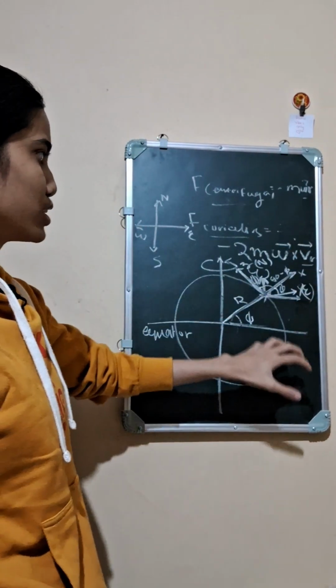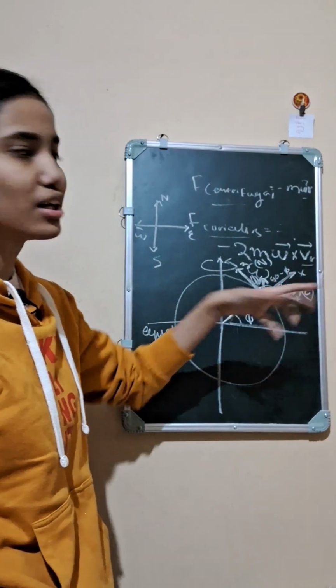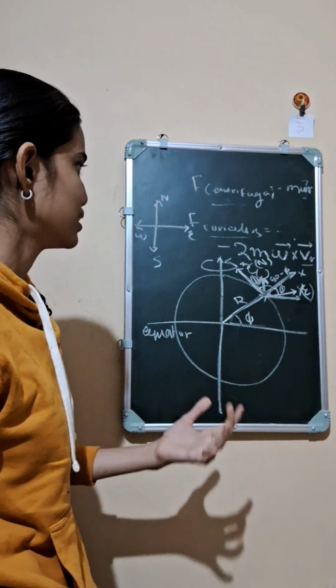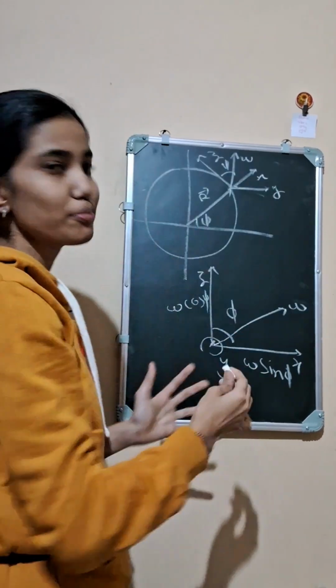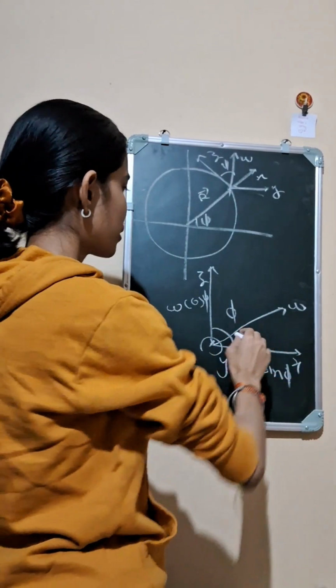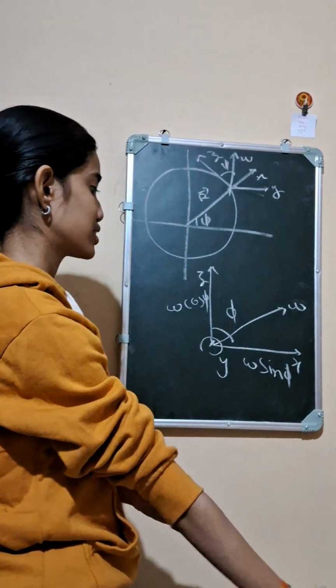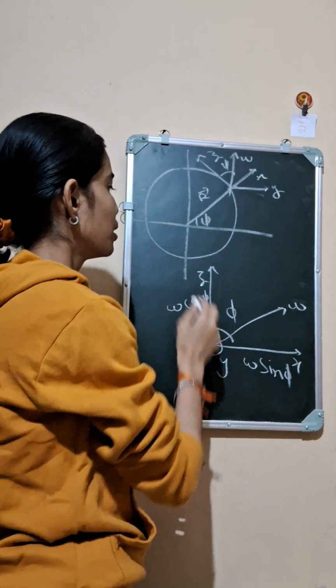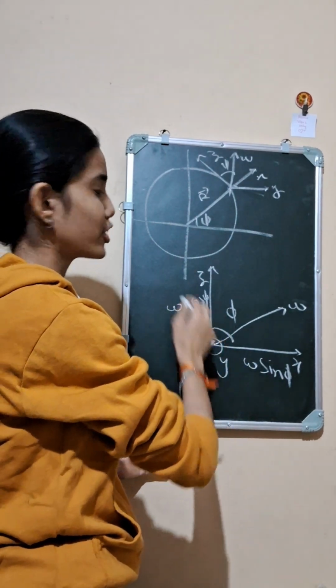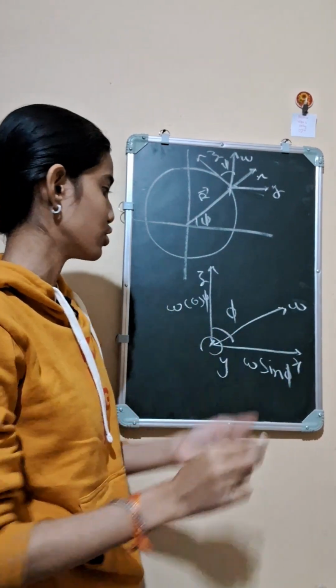Let me erase all this and make this particular thing clear so that you can visualize everything clearly. So from this picture you can see that the omega vector will have two components, one along the vertical axis or x axis, that will be omega sin phi, and a horizontal component along the z axis, that will be omega cos phi.